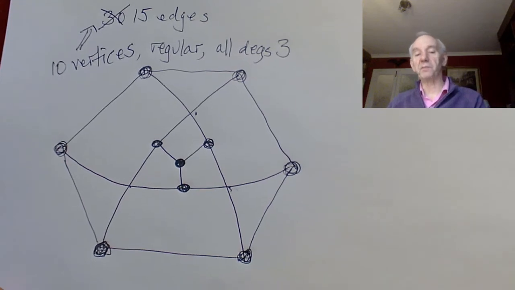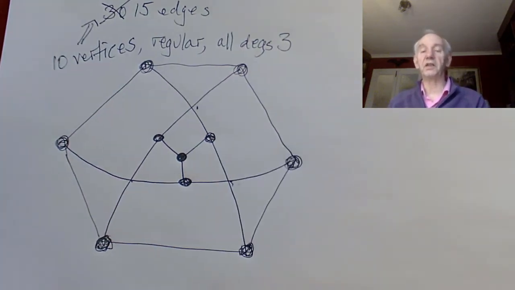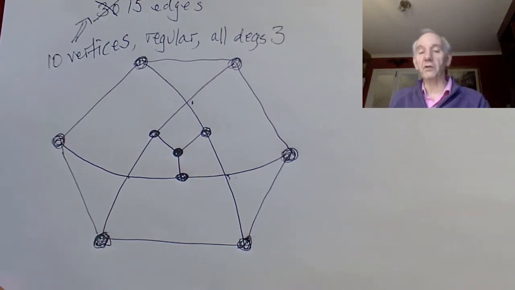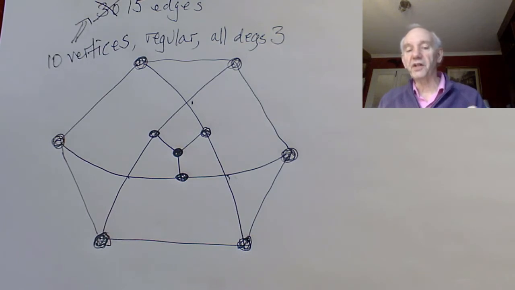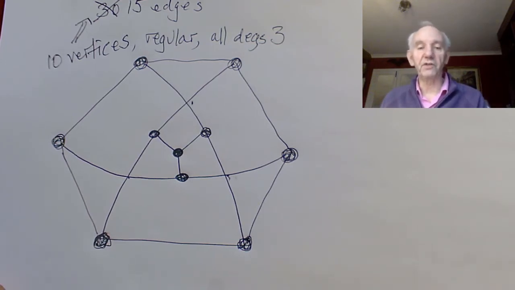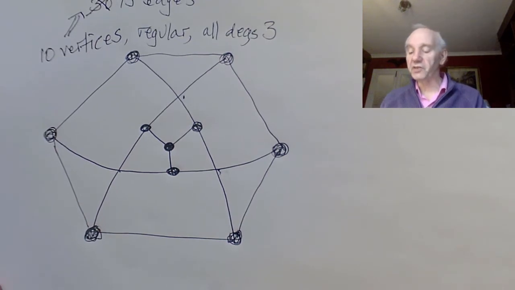That's the Petersen graph, but one wouldn't think, I think, initially that this is effectively the same graph. It certainly doesn't look like the same graph. But what I'm claiming is that if I label the vertices, I can actually relate the vertices of the Petersen graph with these 10 vertices, so that two vertices in the previous picture are joined if and only if they're joined in this picture. That's the concept of isomorphism. And one way of doing that would be to label the vertices of this graph.